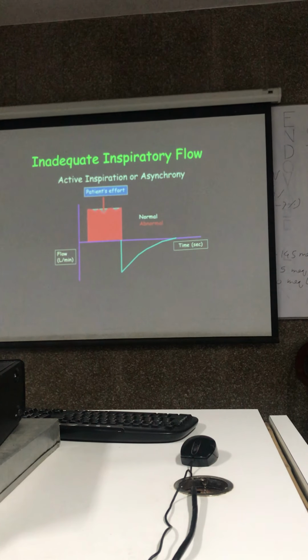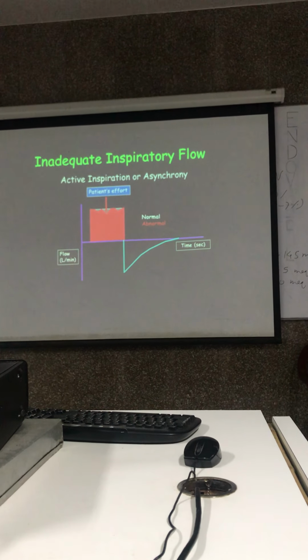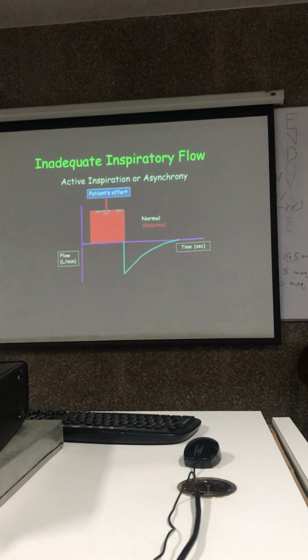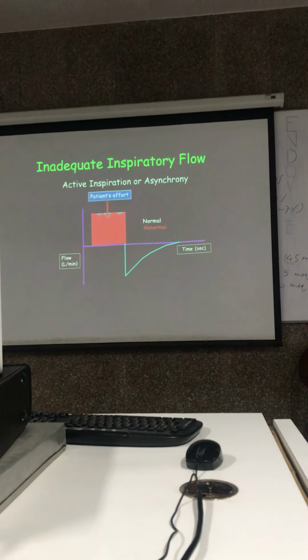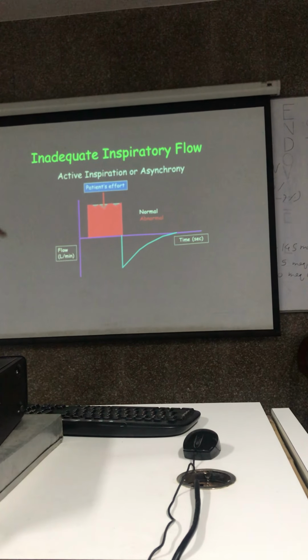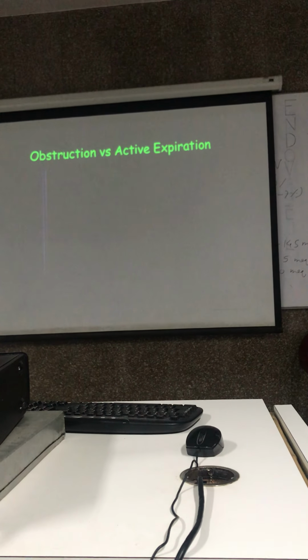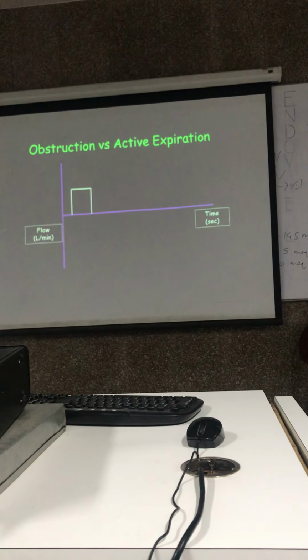So what you can see here is that during inspiration there is a patient effort. That effort is telling you that this patient is making an effort during inspiration. This is suggestive that there is asynchrony. When you see a corrugated pattern in the inspiratory limb, it is an asynchrony in the flow time scalar.